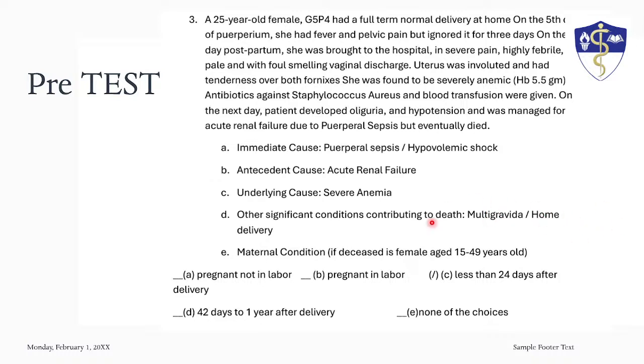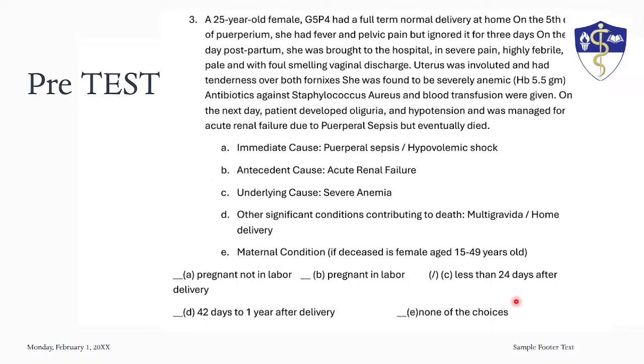Very good. Okay, patient is multigravid, which is one of the things that could cause this. Uterus was involuted with tenderness of both fornices. So there's already a clue there. Okay, home delivery, very good then. This is nice to note for the statistics. Maternal condition, check.